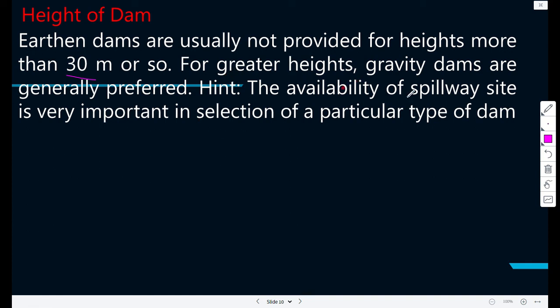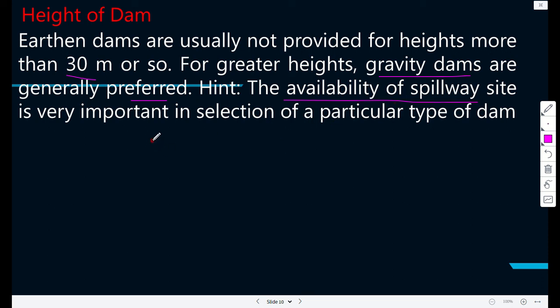Now, for greater heights, gravity or concrete dams are generally preferred. And of course, for this kind of dam, the spillway is very important for the choice.